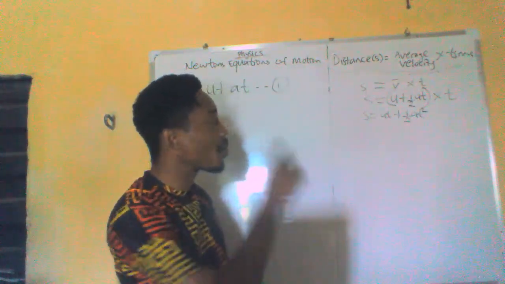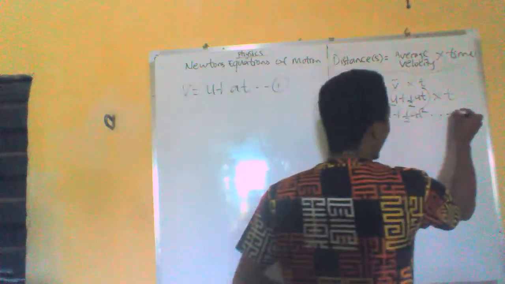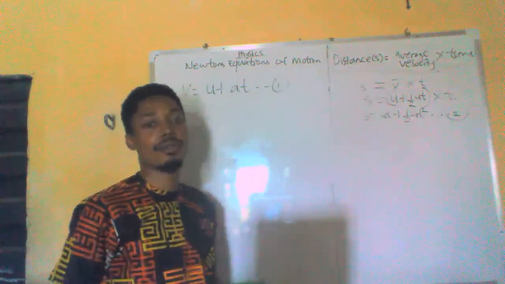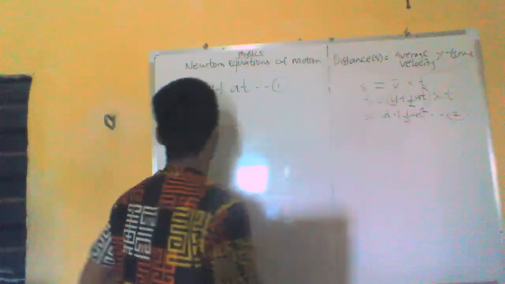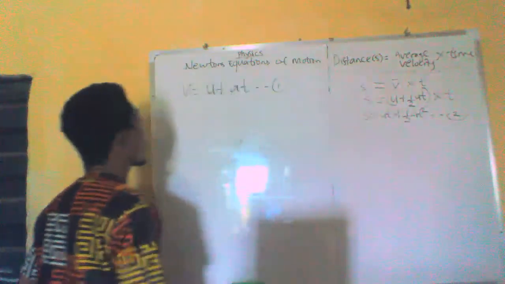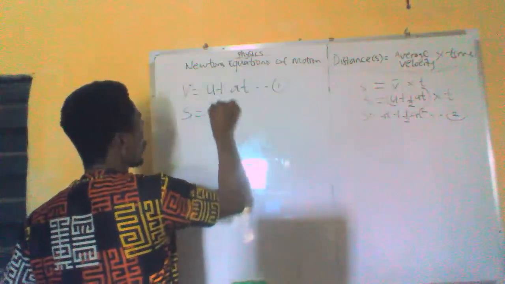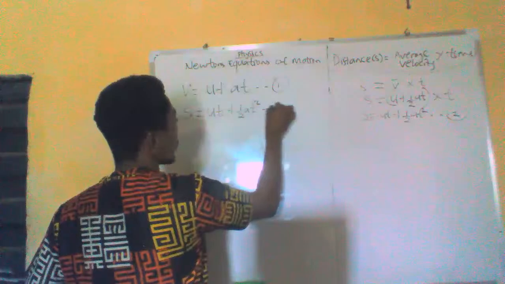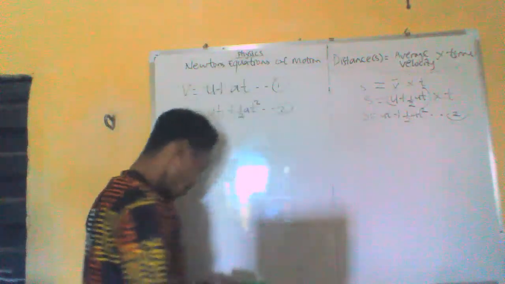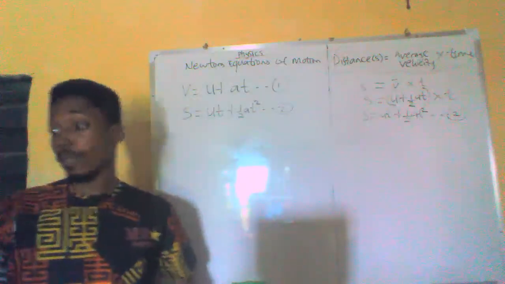At that point, you can quickly see that we have arrived at the second equation of motion: S equals UT plus half AT squared. That's equation 2.